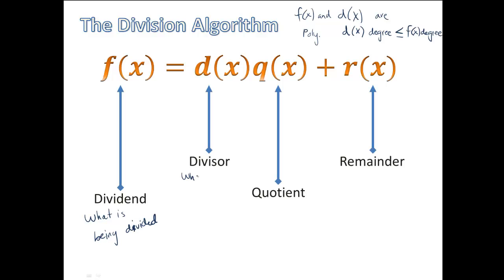This is what is dividing, the divisor. This is your quotient. Okay? This is what happens, so your end product. And then of course this is the remainder, and this is leftovers. Kind of like Thanksgiving.